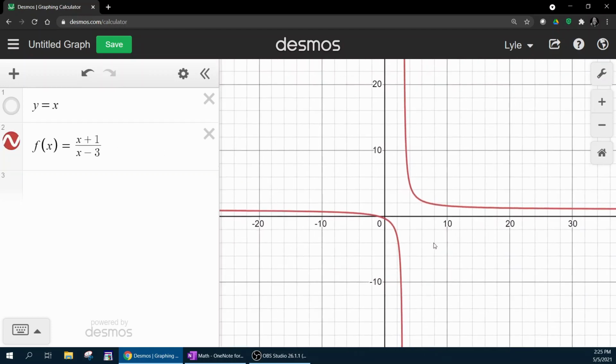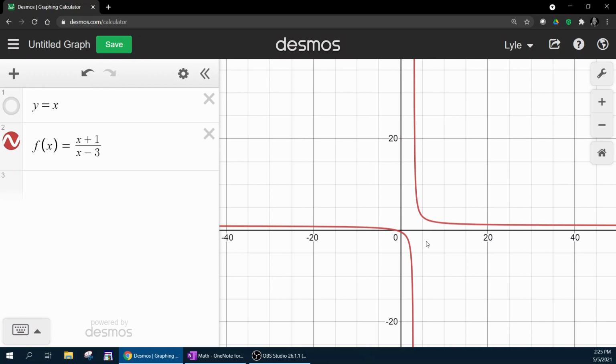And again, if we recenter that and maybe zoom out a little bit, you can see again that this graph is going to pass the horizontal line test. Again, it does have a vertical and a horizontal asymptote, but that is not going to violate the horizontal line test.